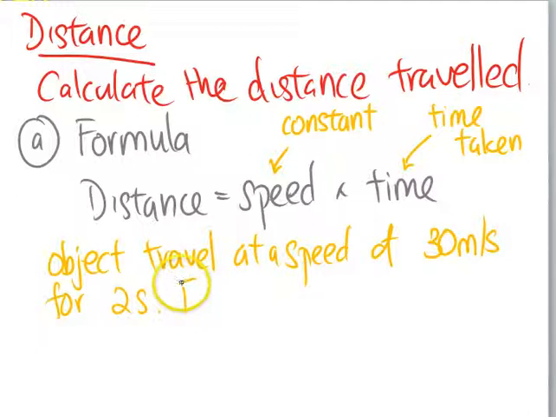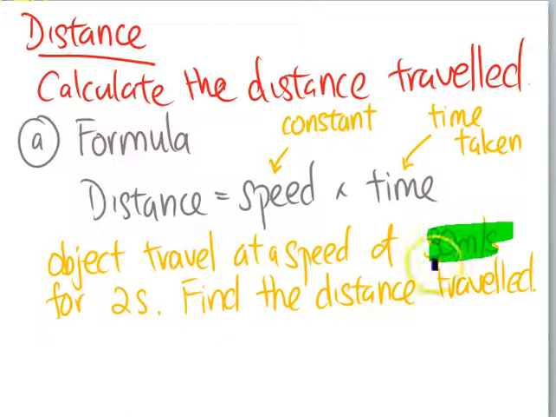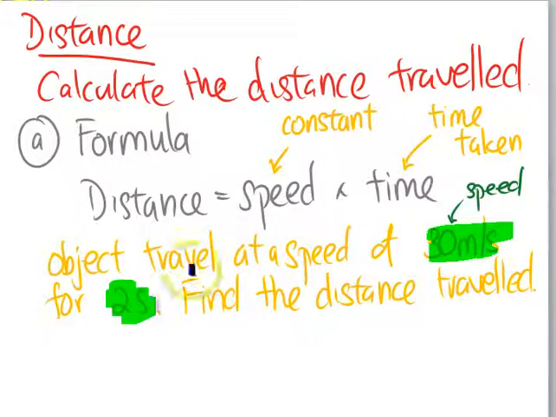Find the distance traveled. Very simple question, but first thing you must always highlight the necessary information. 30 meters per second refers to the speed, while the 2 seconds refers to the time.